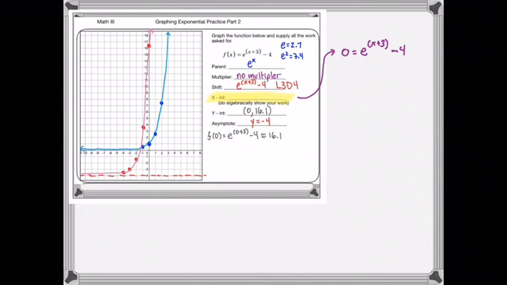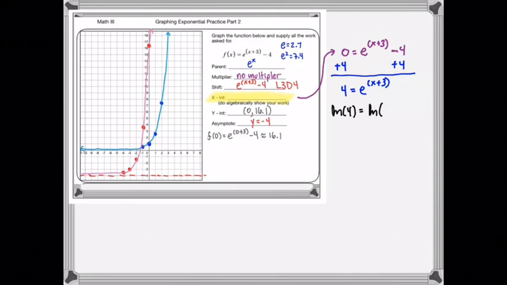Now, like we just learned, we want to get this part all by itself. So I'm going to add 4 to each side, and I'm going to switch them around just for quality of life, so e to the x plus 3 equals 4. Now I'm going to take the natural log of both sides, and that gives me ln e to the x plus 3, and that x plus 3 comes right out in front.